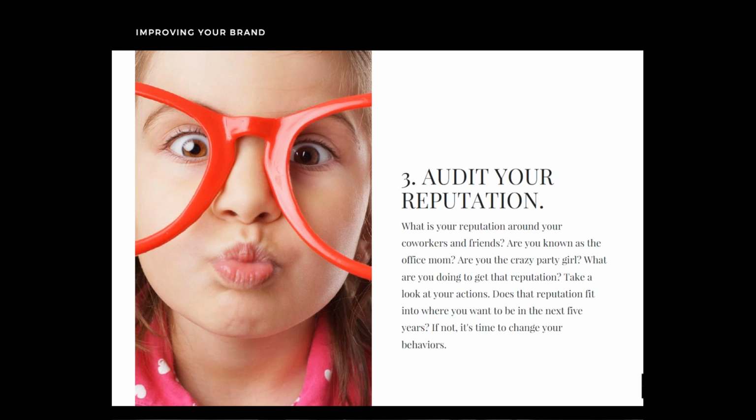There's a story I read from a presenter that she was always known as the office mom, and she had been passed up for several promotions because of it, because people just felt like, oh, she doesn't want to move up in the company. She's happy where she's at.